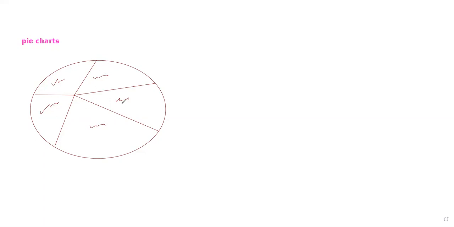I will give you examples on this later, because mathematics is nothing without day-to-day examples. This time I'm just giving an introduction to pie charts. So let me write down here about these pie charts.